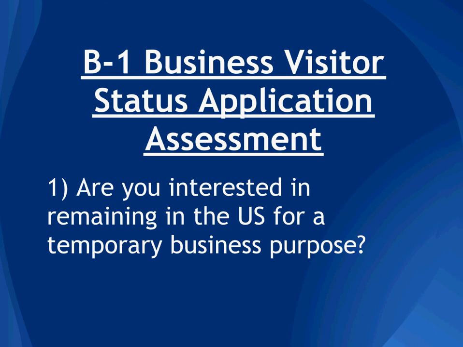So I've discussed several types of acceptable business purposes, and if you have an idea in mind that isn't quite the same but is somewhat similar, you still might be able to apply for a business visitor visa status application in the United States. I'm going to also show you a useful link.